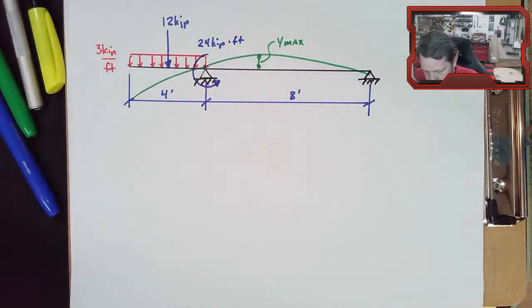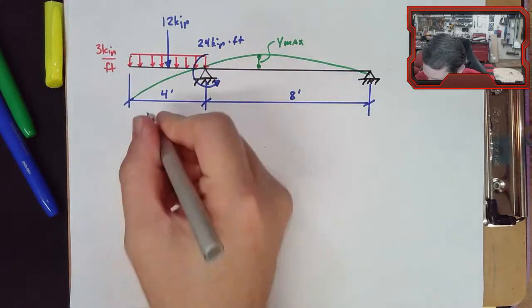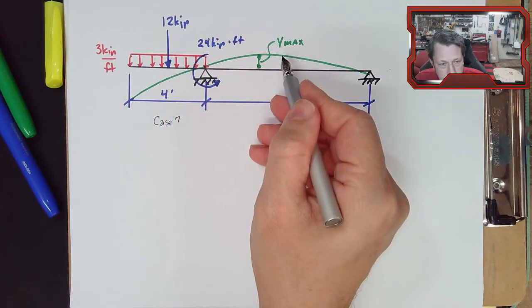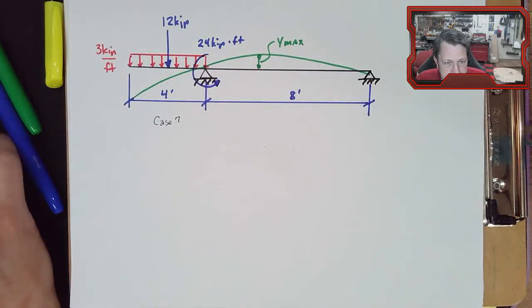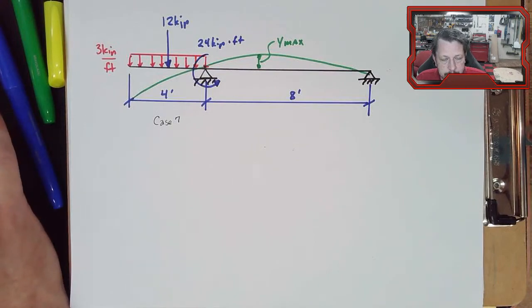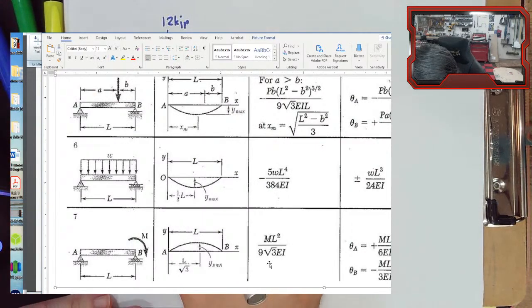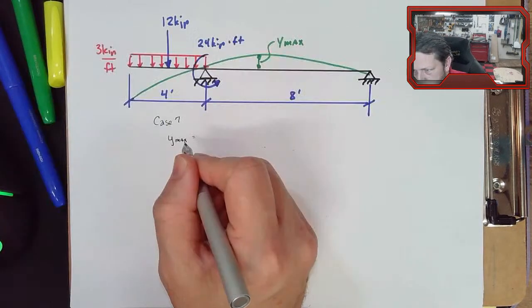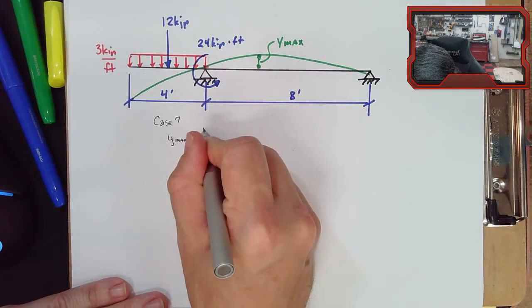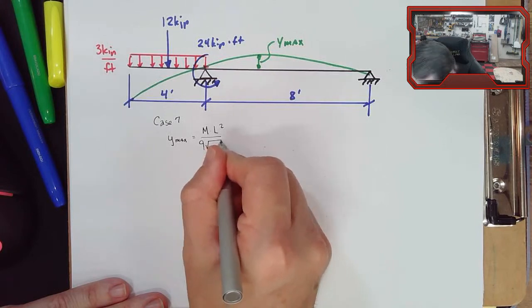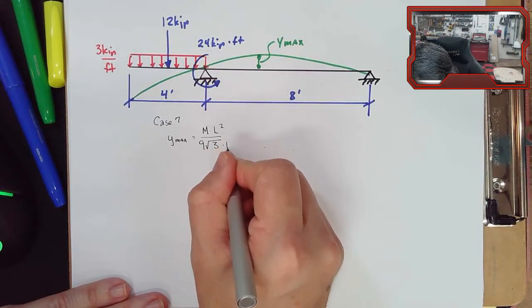So now I have case 7, and it has an equation for y max. Right here: y max is ML squared over 9 square root of 3 EI.